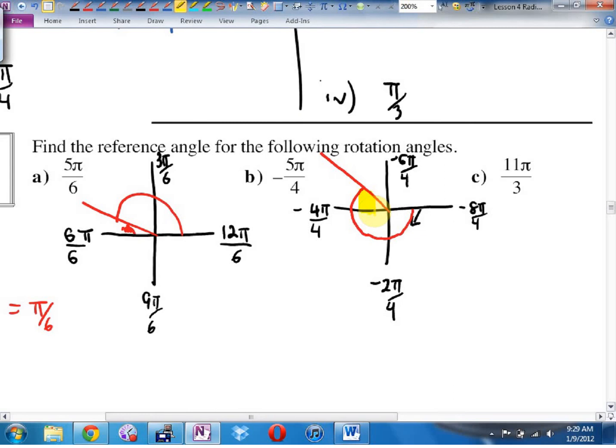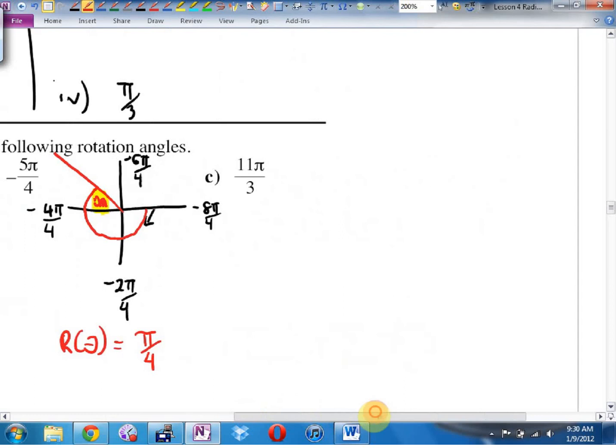C. What's my denominator here? I'm going to call this, instead of pi, 3 pi by 3 and 6 pi by 3. So you ready? Here we go.